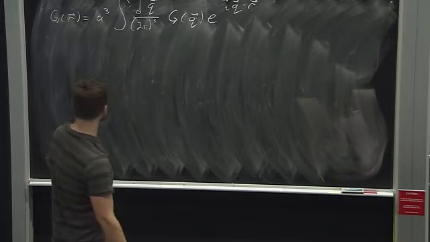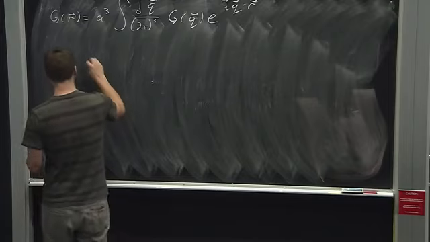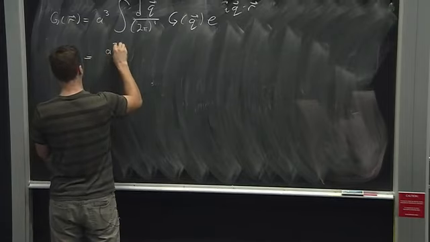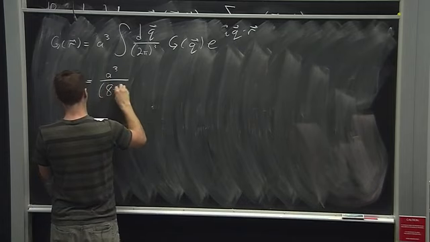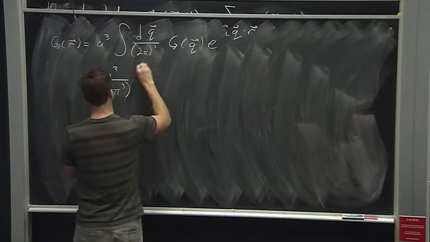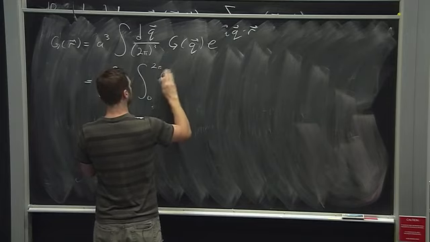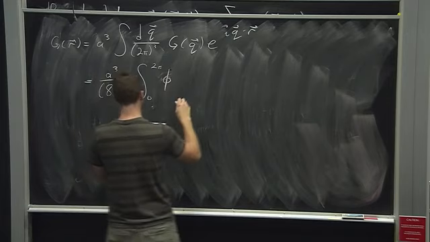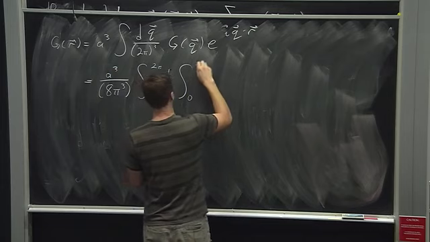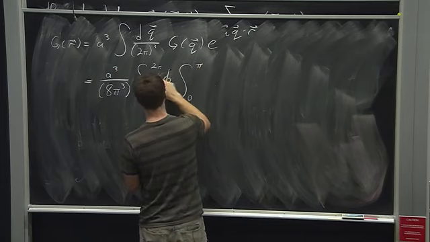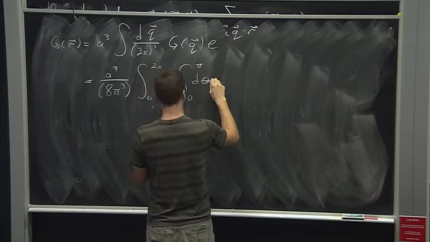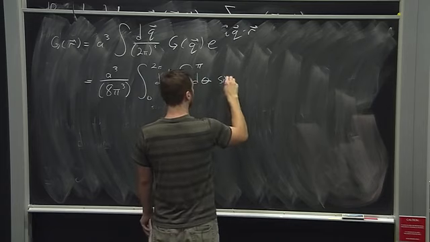I can do this because I can do spherical polar coordinates in 3D. Phi, this isn't your field, I'll call it this type of phi, 0 to 2 pi. Theta goes from 0 to pi, Jacobian sine theta.